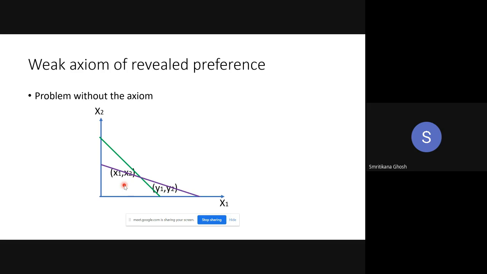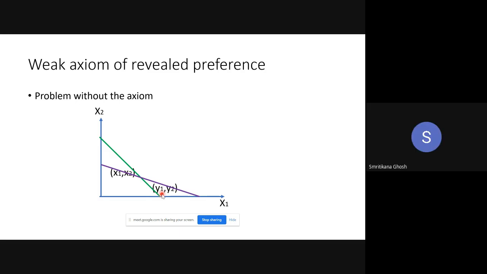Given the purple budget line, I can say that x1, x2 is directly revealed preferred to y1, y2, because y1, y2 is below the purple budget line. Are my statements okay? Yes, ma'am. Agreed.